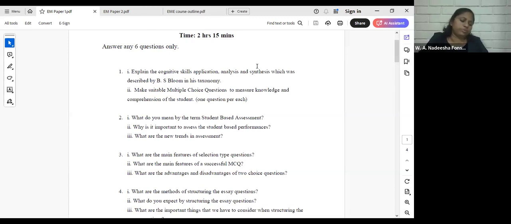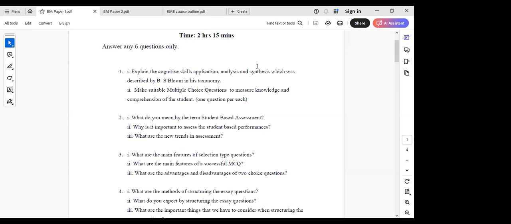There are two types of rubrics. What are they? Holistic and analytic rubrics. The main thing is rubrics. There you can explain rubrics. And what are the other things?